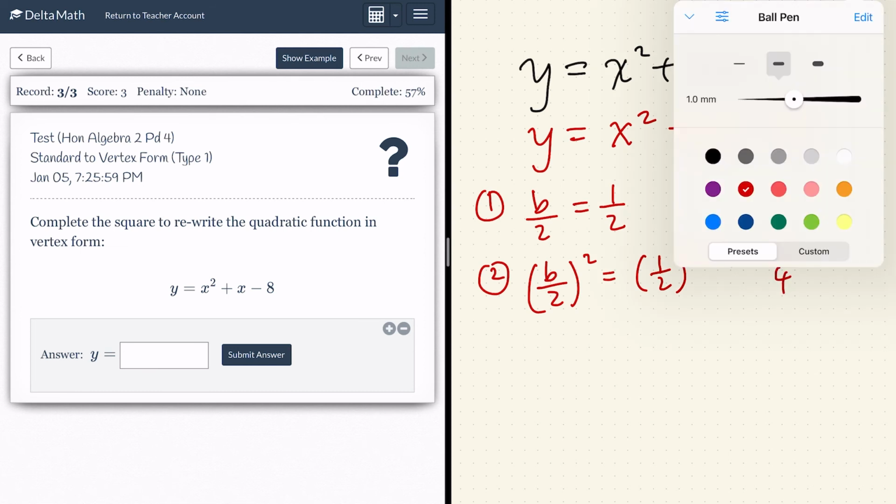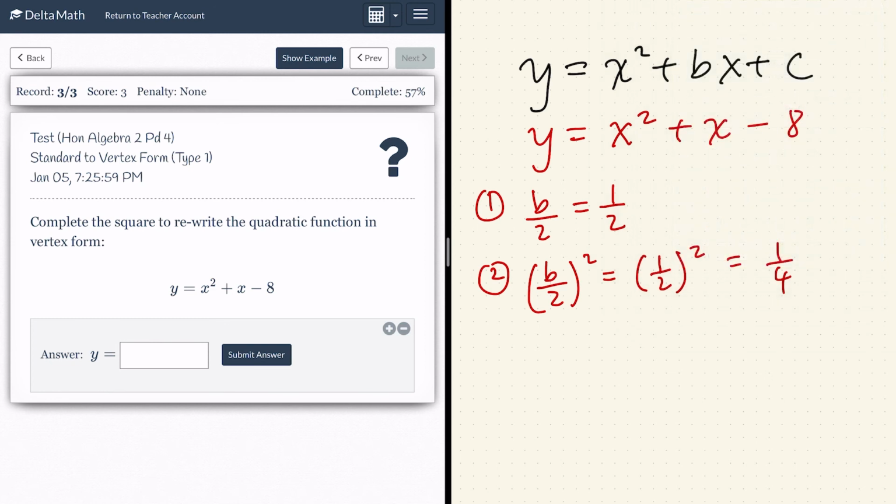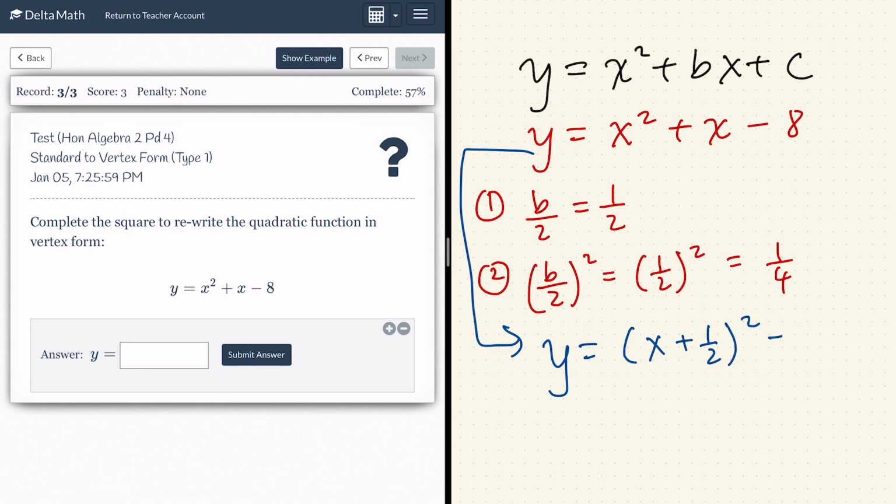So when you complete the square, this will become y is equal to, it's always x plus b over 2 squared, so it's going to be x plus 1/2 squared, minus the 8, but we need to balance it by subtracting b over 2 squared, which we knew was 1/4.